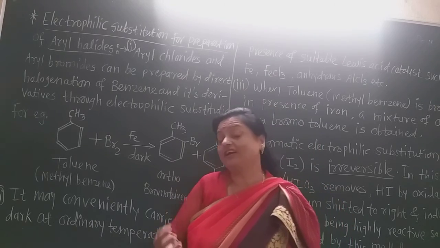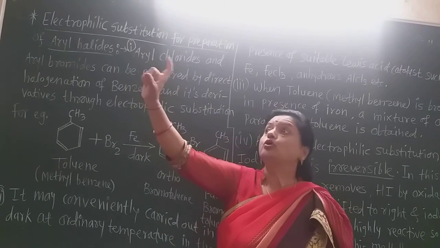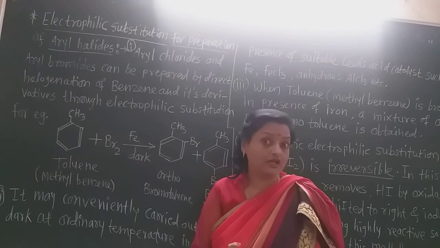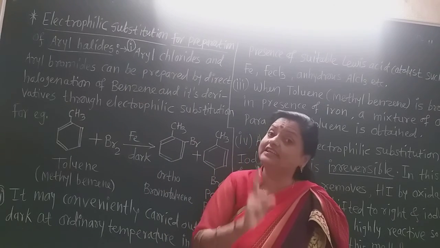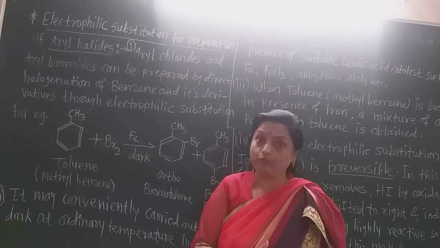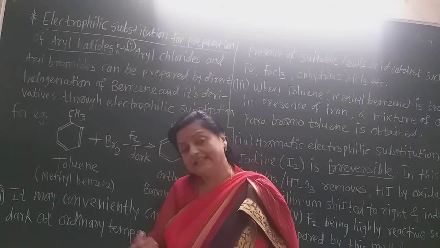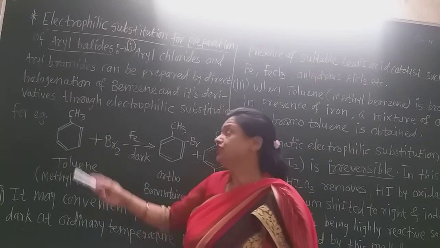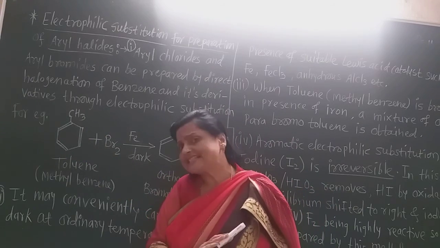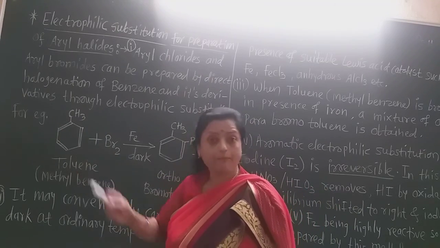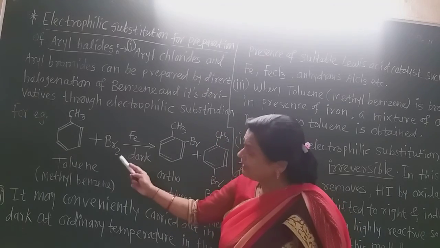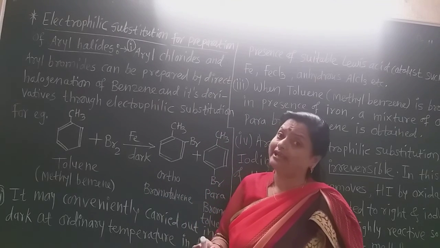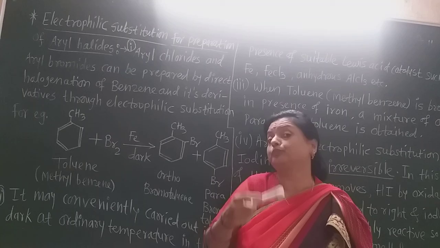In the 11th standard I drew the five resonating structures, and in them there is always a negative charge at the ortho and para positions. You must read that, then you can understand this very well. Both ortho positions are similar and this is the para position. So the bromine attacks the ortho and para positions and replaces the hydrogen.